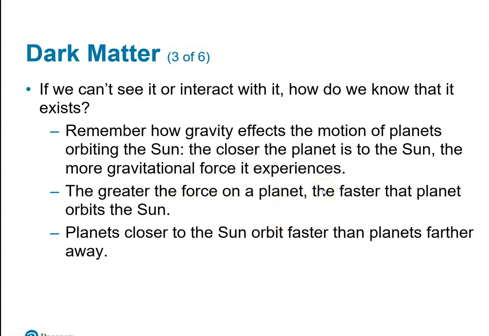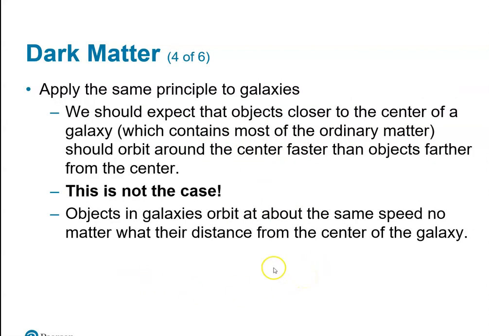That's just the way it works. And so if we look at the entire galaxy, the matter that we observe is towards the center of our galaxy. Then the stars at the outer edges should be traveling slower, but that's not what is observed.